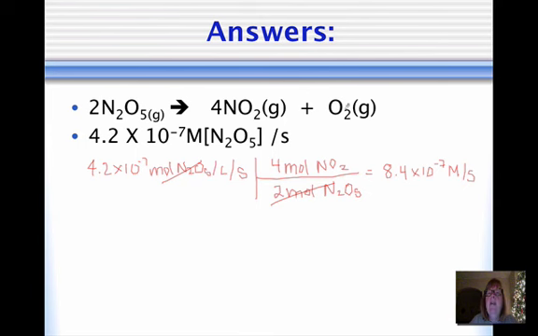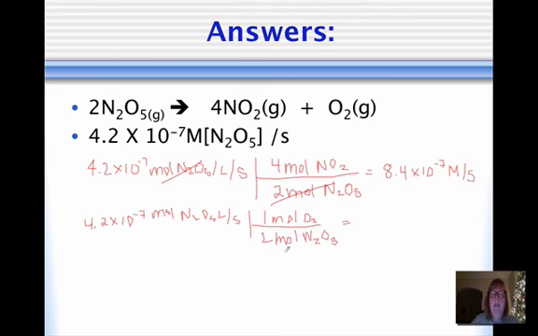Let's look at the rate of appearance of oxygen. Again, start with what's given. You know the rate of one thing in this balanced equation, and that is the rate of disappearance of the N2O5. Do your mole to mole ratio. We've got 1 mole of oxygen for every 2 moles of N2O5.